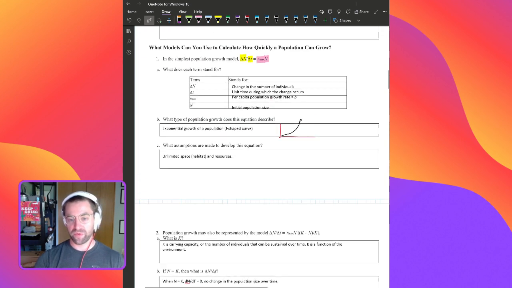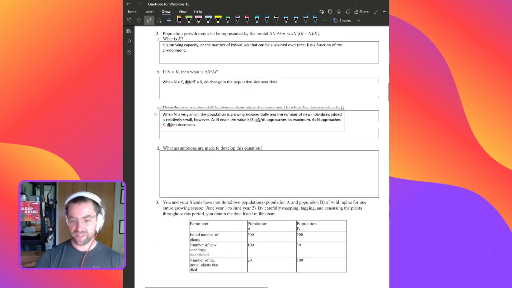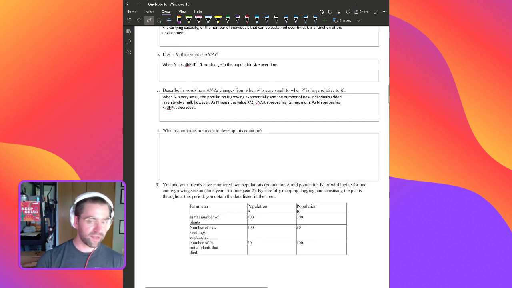All right. What assumptions are made to develop this equation? In the previous one, we were assuming unlimited space and resources. What are the assumptions we're making in this particular formula? This is called the logistic model.